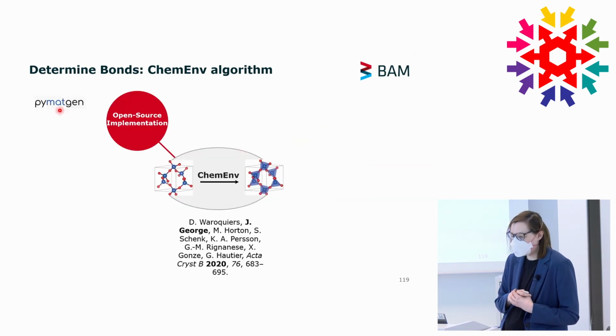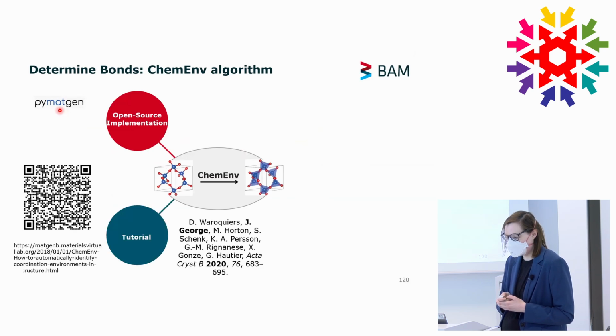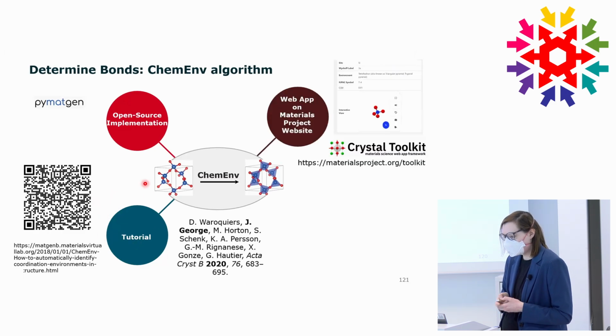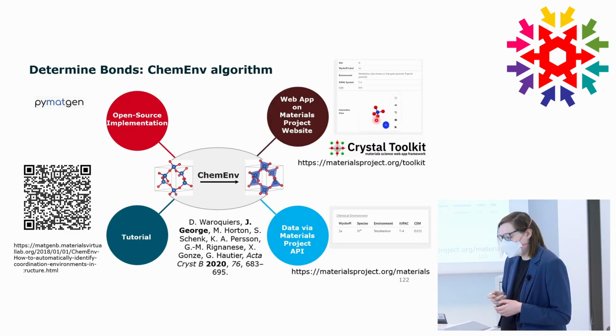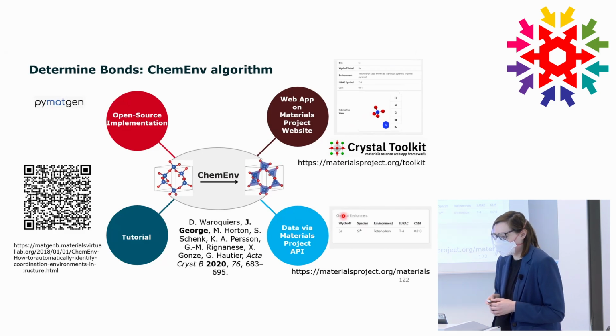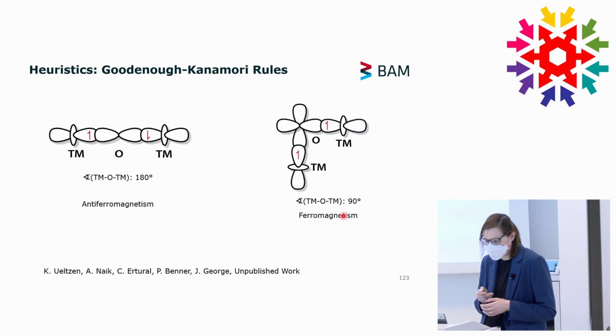This has been in pymatgen for quite a while, as this is actually some work from my postdoc time. I've written a tutorial for that. We also have a web application for using these kind of tools. And this data is also, at least for simple ionic compounds, available on the Materials Project since 2 years.